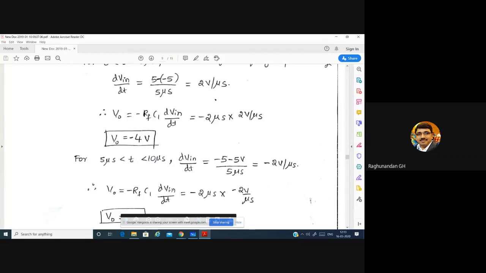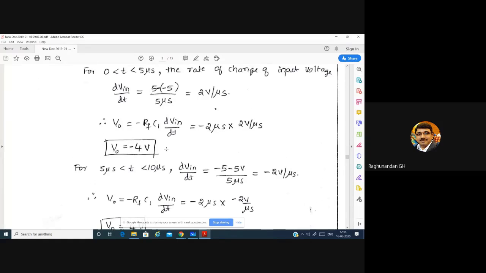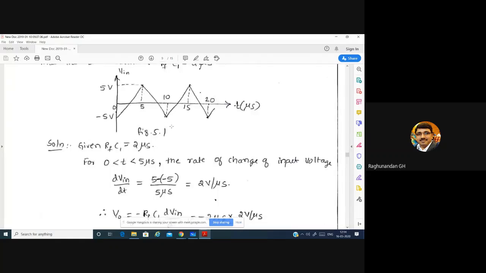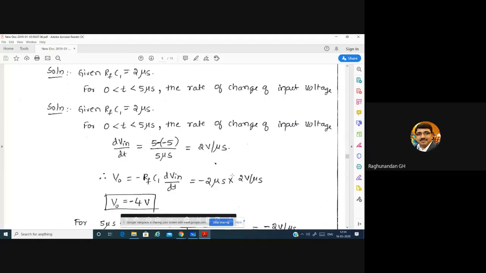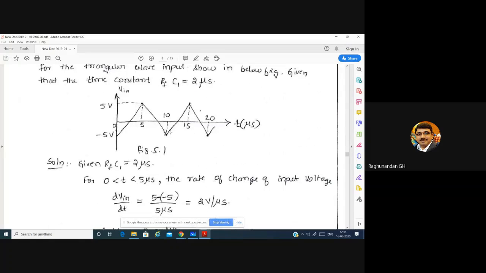So dVin is what? Change in voltage with respect to change in time. Change in voltage means the change in the voltage which is happening between this point to this point. So here it will be minus 5 minus, as it is moving from this point to this point.